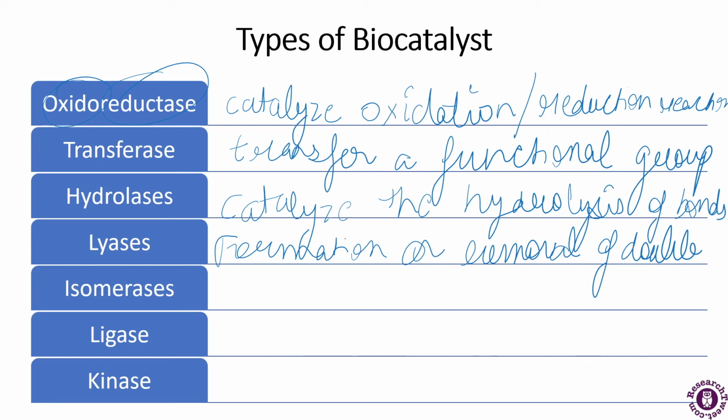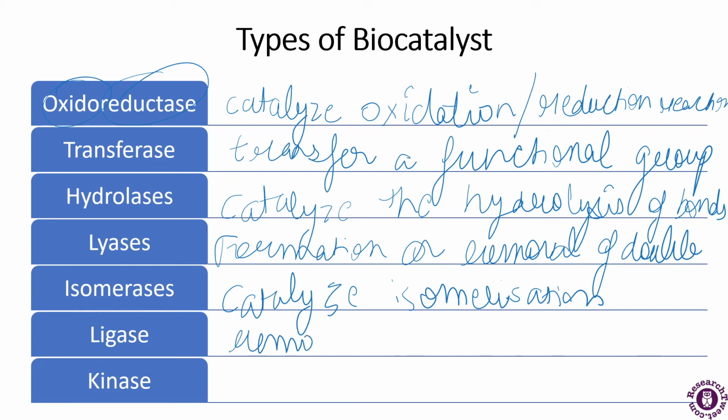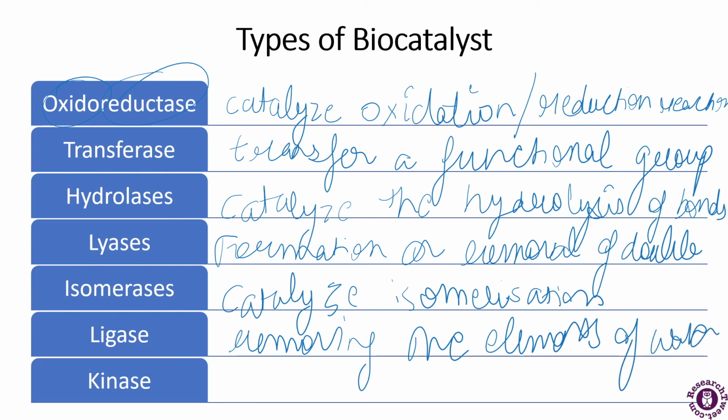After this, isomerase catalyzes isomerization changes within a single molecule. For example, triose phosphate isomerase carries out these rearrangements. Then comes the ligase, which joins two molecules, removing the elements of water from two functional groups to form a single bond.